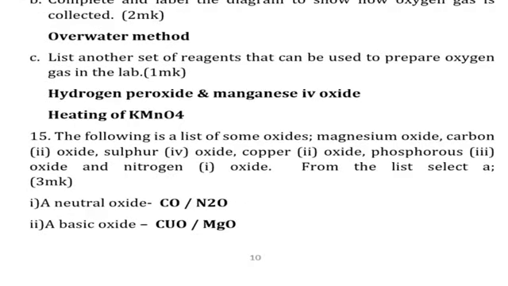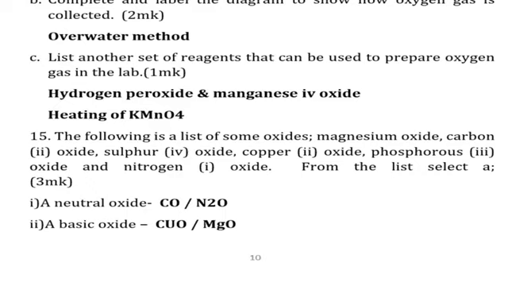You know how it is drawn. Then list a set of reagents that can be used to prepare oxygen gas in a lab. List another set of reagents that can be used to prepare oxygen gas in a lab. We have hydrogen peroxide plus manganese 4 oxide.